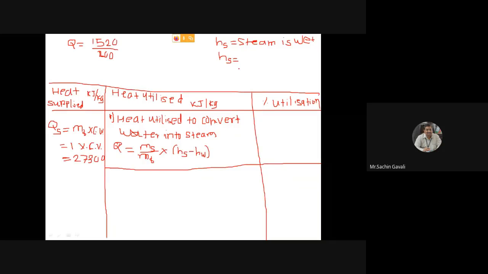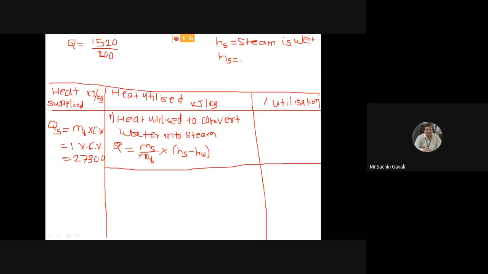What is the value of HS? Who will tell? Wet steam enthalpy. How can we calculate it? Anybody? Other than Suhas? HS is wet steam enthalpy.